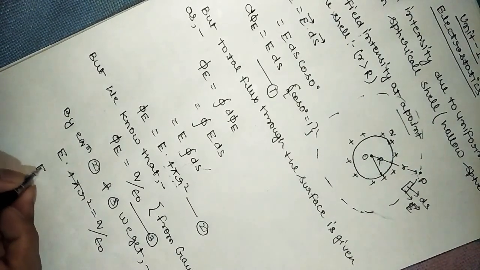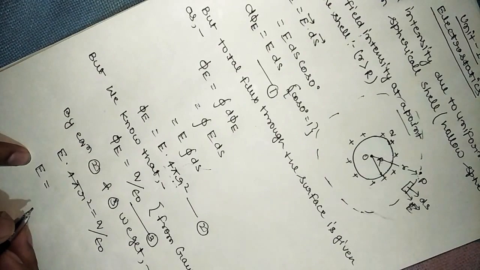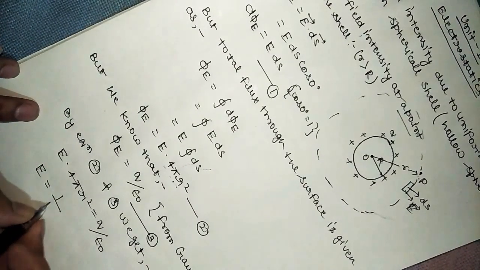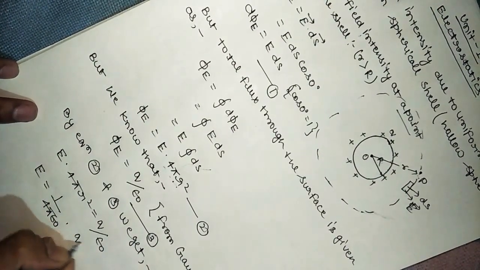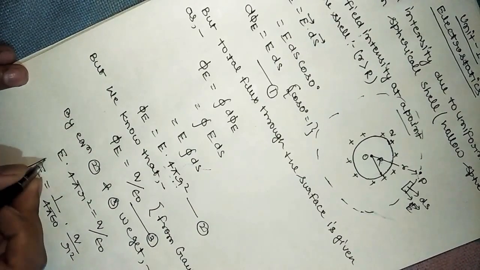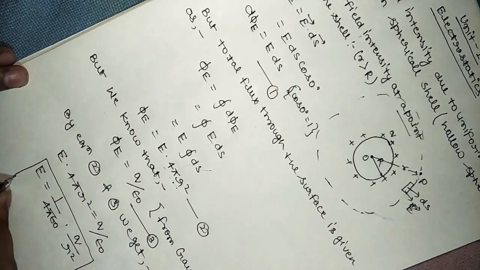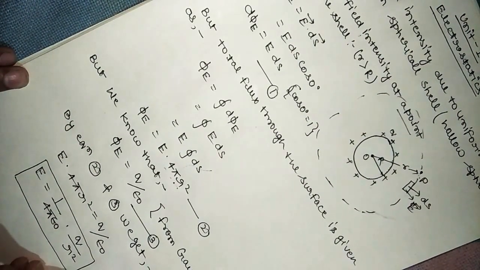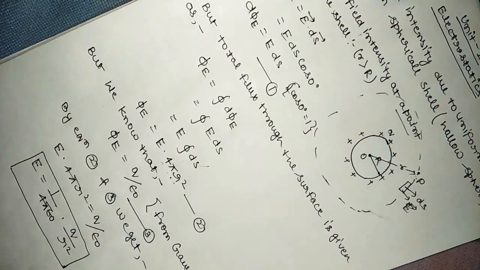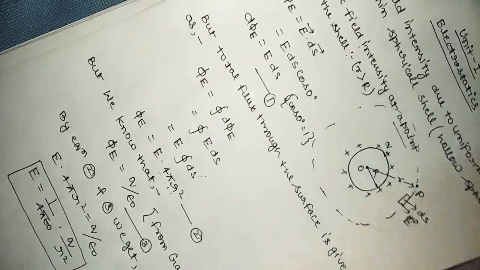This can be written as E is equal to 1 upon 4 pi epsilon naught Q upon r square, because we have to find the value of E. Clear?